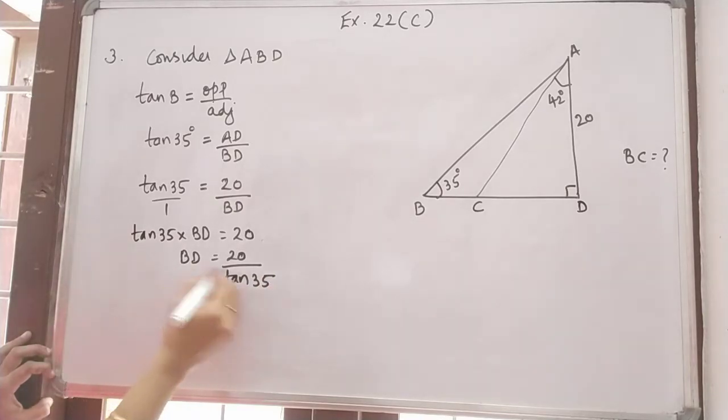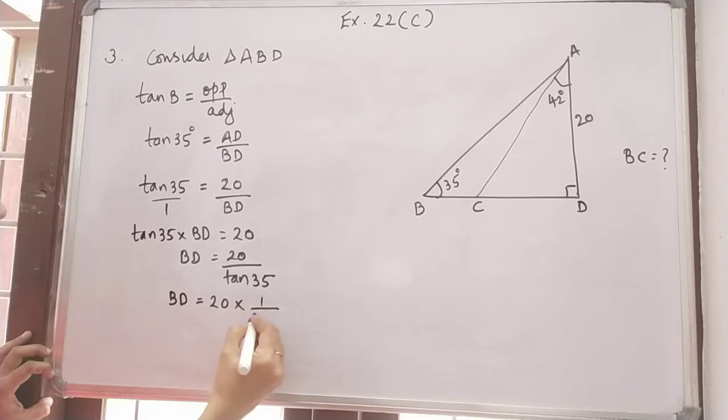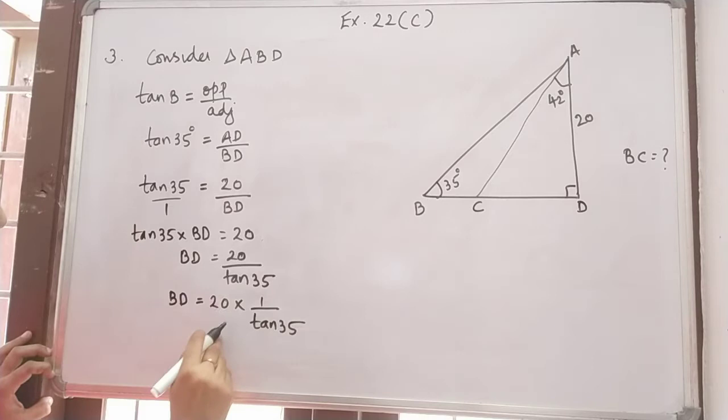Instead, we can write BD is equal to 20 divided by tan 35, which means 20 into 1 by tan 35, isn't it? That is 20 divided by 1, so numerator into numerator, 20 into 1 is 20, divided by 1 into tan 35, which is tan 35. So 20 divided by tan 35 we can split as 20 into 1 by tan 35.